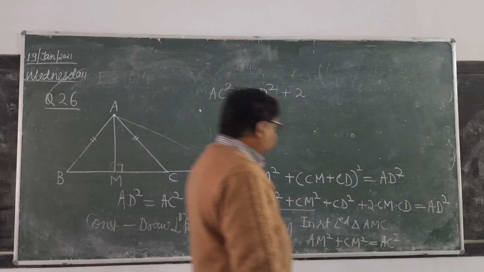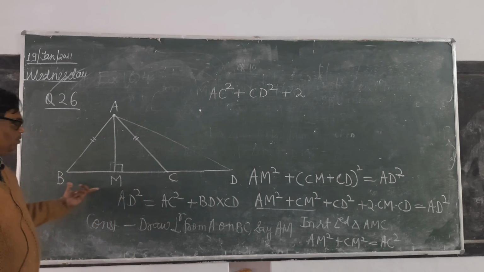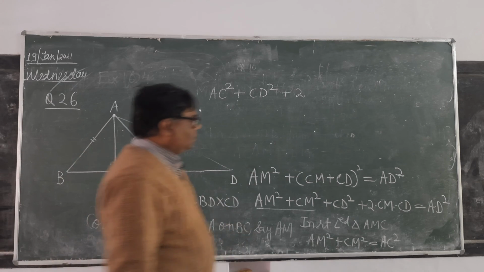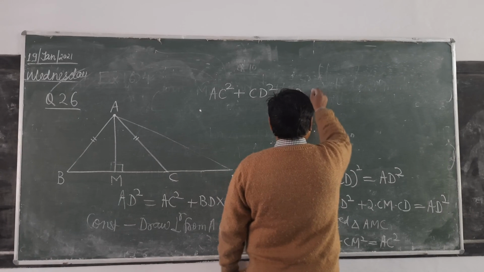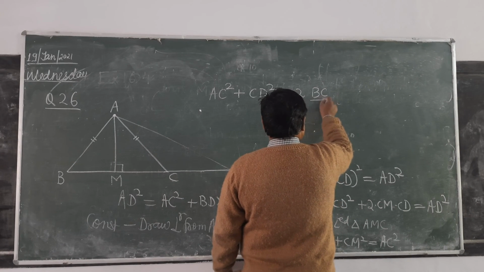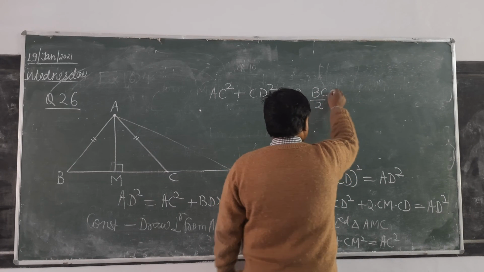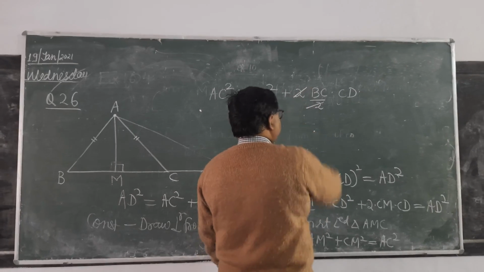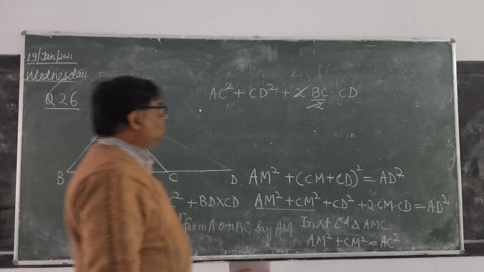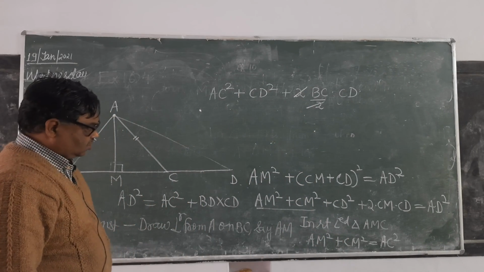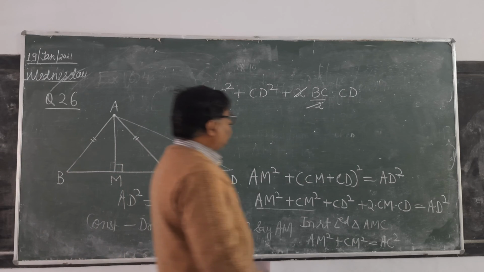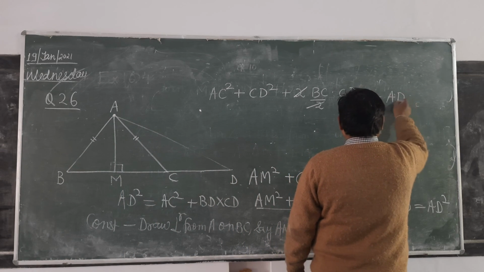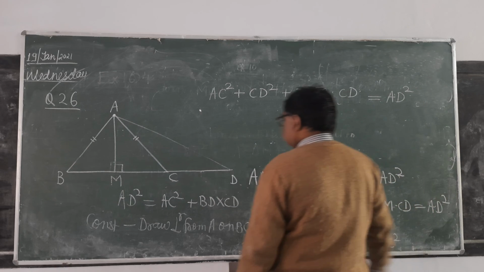In place of CM you can write what? BC upon 2. In place of CM you can write BC upon 2. So 2 into BC upon 2 into CD. This and this will be cancelled. It's clear? Equals to AD square.